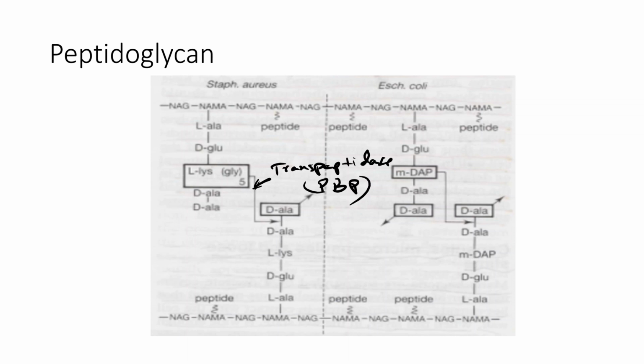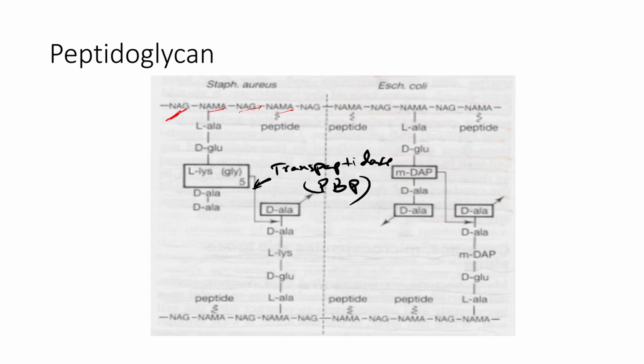First we'll talk about the structure of peptidoglycan. You can see alternating molecules of N-acetylglucosamine and N-acetylmuramic acid, linked by beta-1,4 linkage. This is the carbohydrate backbone of the peptidoglycan. Gram-negatives such as E. coli also have the same backbone.